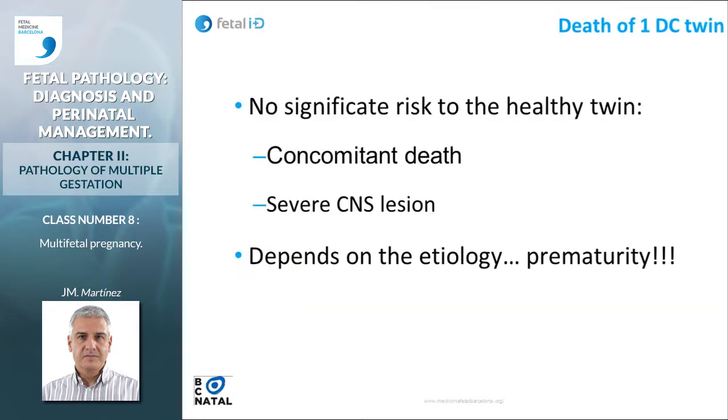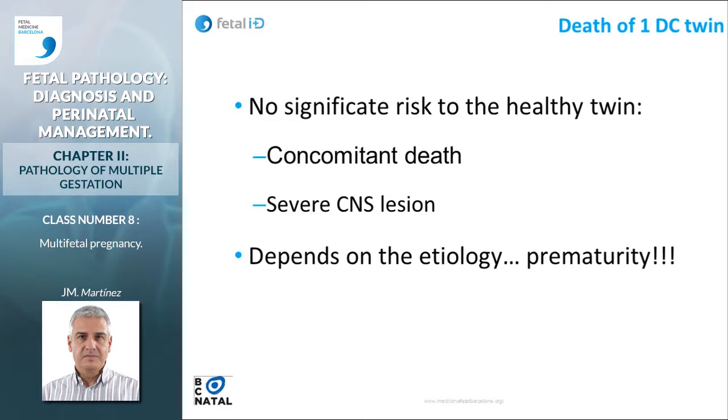Let's focus on the bichorionic twins, and when having the death of one of the fetuses, unlike in the monochorionic twin, there won't be a significant risk of concomitant death or severe lesion in the central nervous system of the survivor. Therefore, depending on the etiology, the death of one of the fetuses will only increase the risk of prematurity.